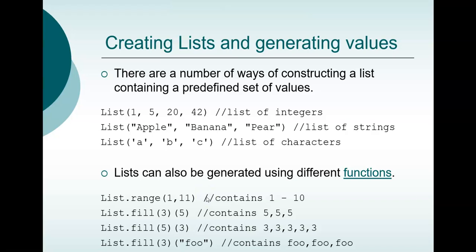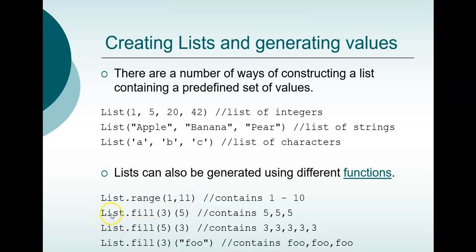We can also use some functions to generate lists. So for example, when you say list.range 1, 11, it means the list will contain integers 1 to 10. 11 is exclusive.